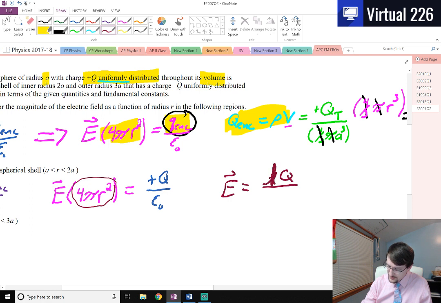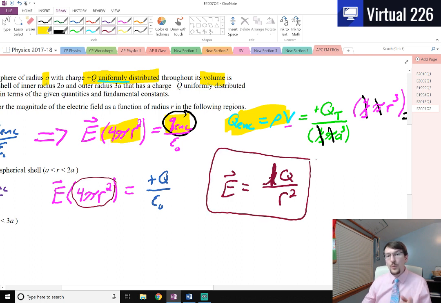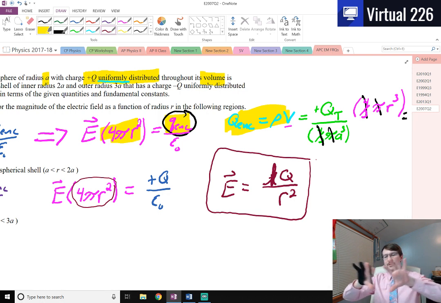So I can call this K, KQ, and then we get an r squared in the denominator. Hopefully you realize that that equation is just the electric field of a point charge somewhere in space. So we can think about a sphere of charge as really just a point charge centered at the middle of that sphere. A kind of neat effect we see from that, KQ over r squared.